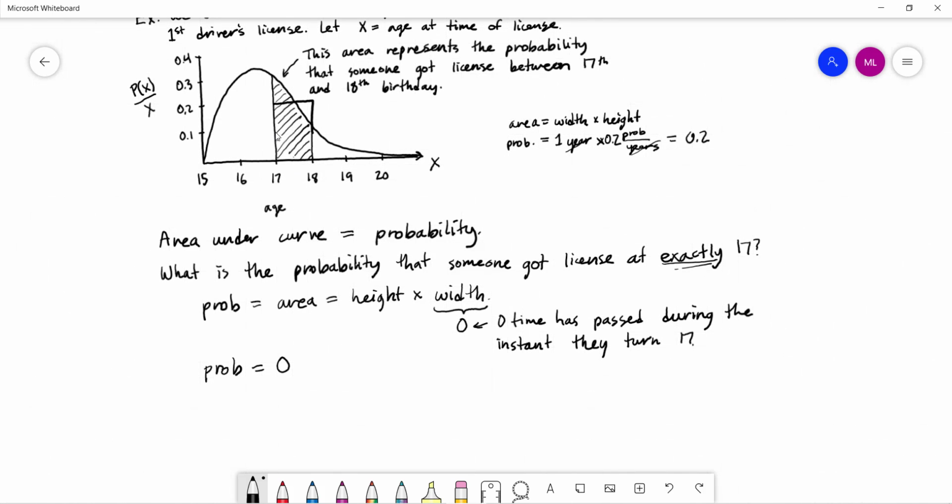But it kind of makes a little bit of sense when you think about it as shrinking down from talking about the entire year that they're 17, down to the day they turn 17, down to the minute they turn 17, down to the absolute nanosecond they turn 17.